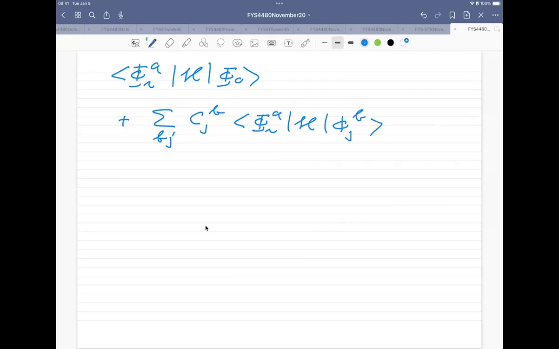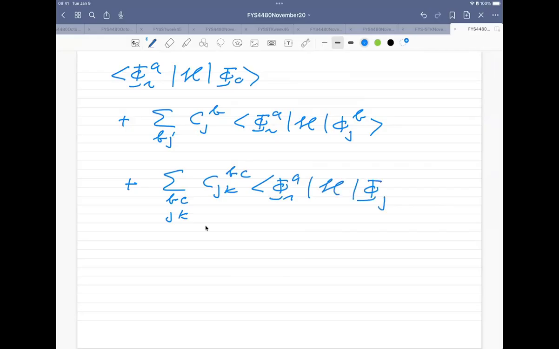That's the next one. And then I have a new one, which is BC and JK, CJK, BC. And then I have this state, phi IA of H. And then I get my phi of J, K, and BC.